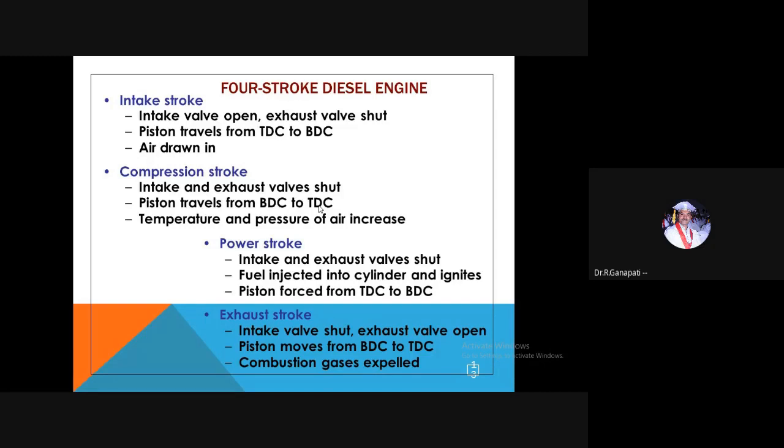At the end of the compression stroke, the fuel is injected with the help of the injector. This is followed by the expansion stroke or power stroke. At that time, both valves are also in the closed position. The piston travels from the TDC to the BDC.